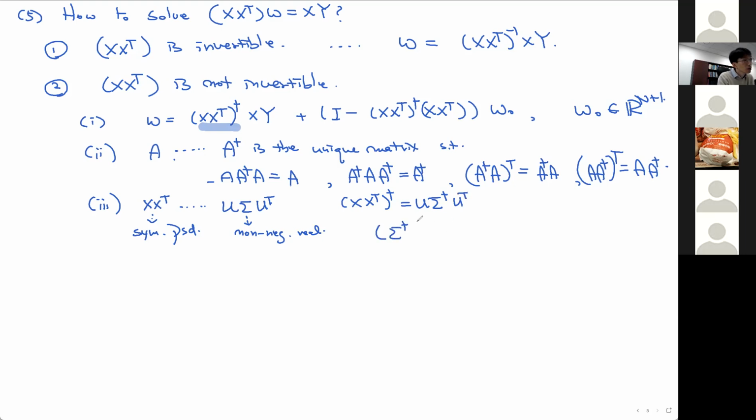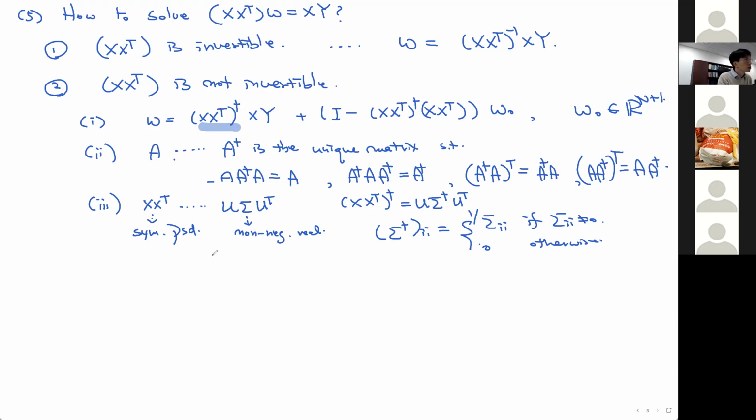Sigma dagger is a diagonal matrix such that the entry is 1 over sigma ii if sigma ii is not equal to 0, otherwise 0. Sigma ii is always greater than or equal to 0, and we essentially take an inverse if possible. That becomes the pseudo inverse in this case.